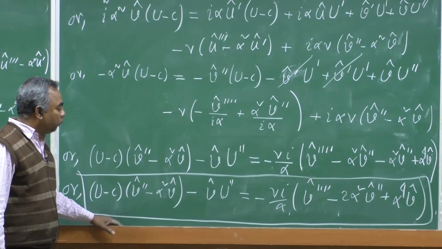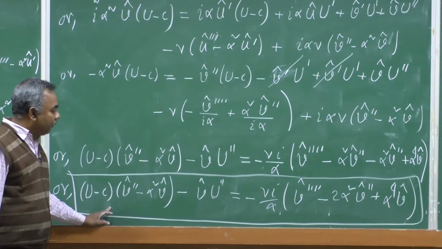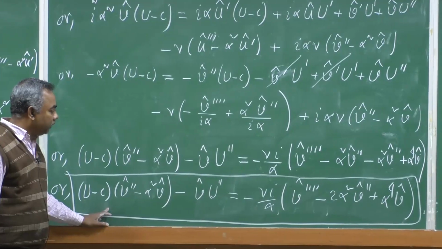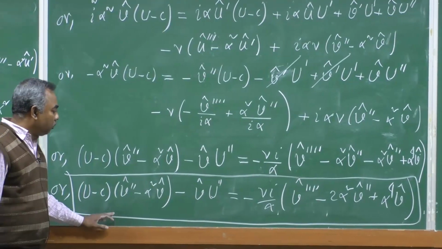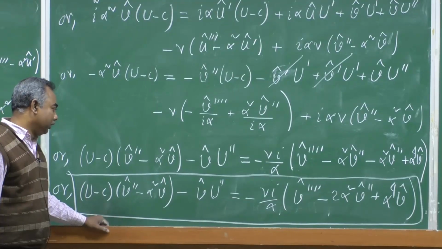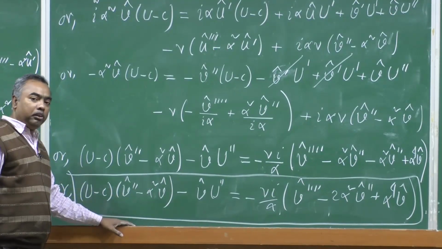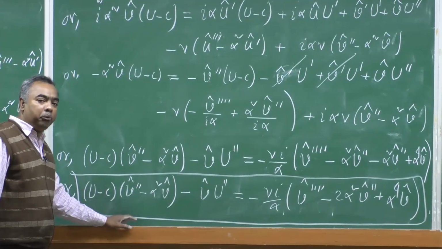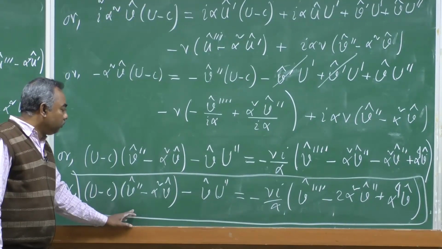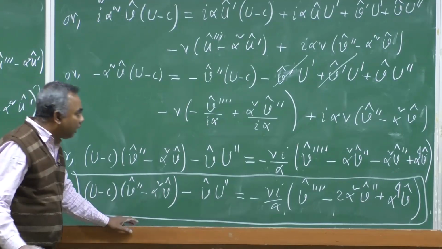So, there is no straightforward solution of this equation. So, we have to rely on some numerical techniques to solve this equation. Anyway, before we proceed with this, so this is the equation and we have to find out the eigenvalue of this equation. Why? I will come to that.